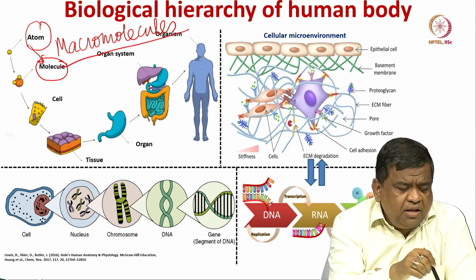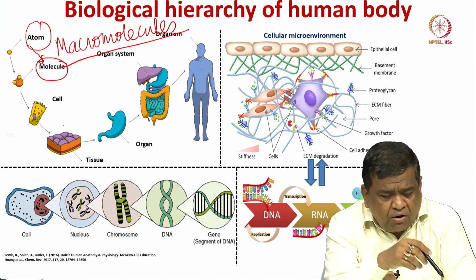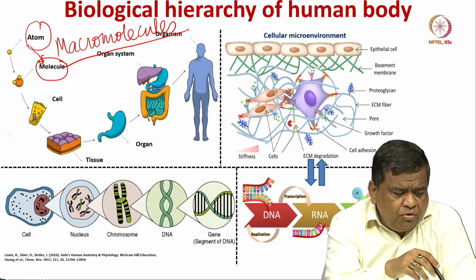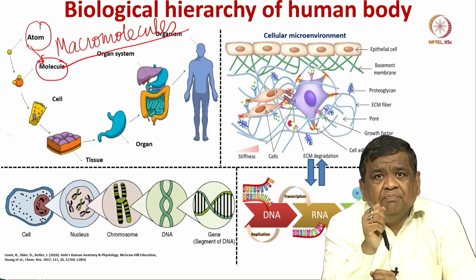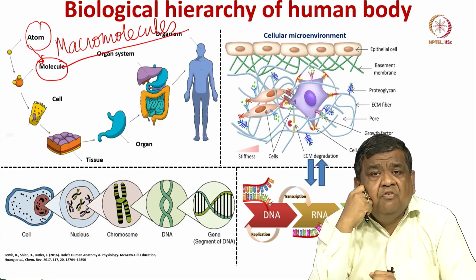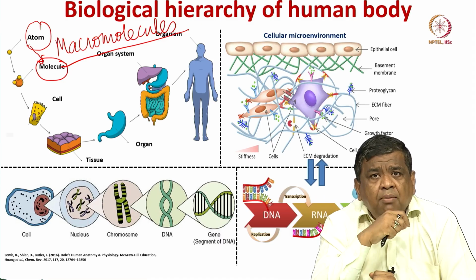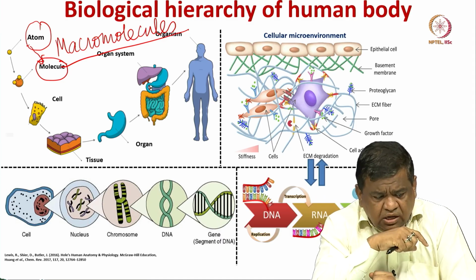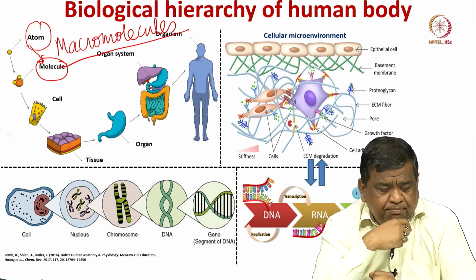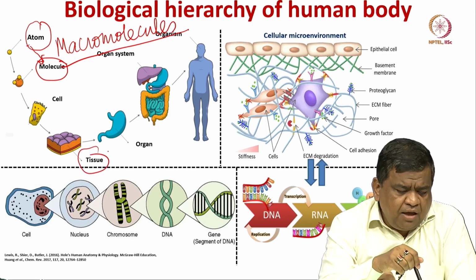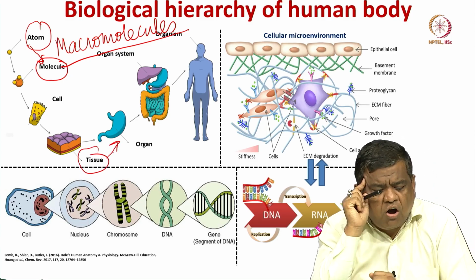Then cells contain these biological macromolecules. Cells form tissues. Now, tissues can have very different structures, and I will show you how four or five different types of tissues are contained in the human system. Then from tissues it goes to organs.